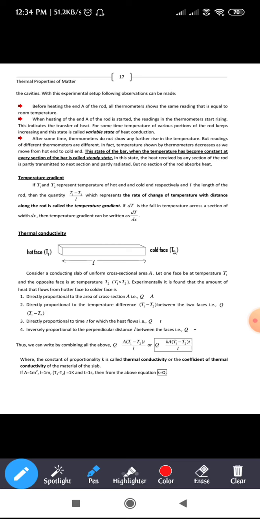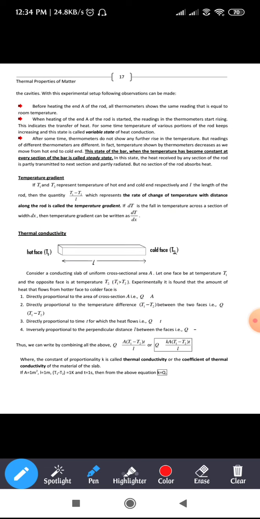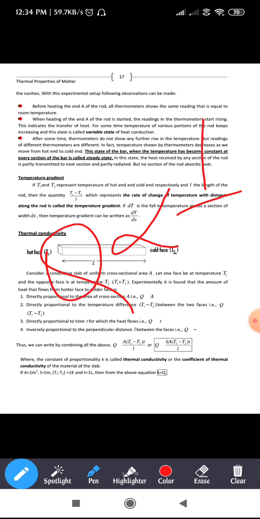Why is that? As you supply the heat and move away, as the distance increases, the temperature decreases. That is why it is inversely proportional. So Q is proportional to 1 by L.